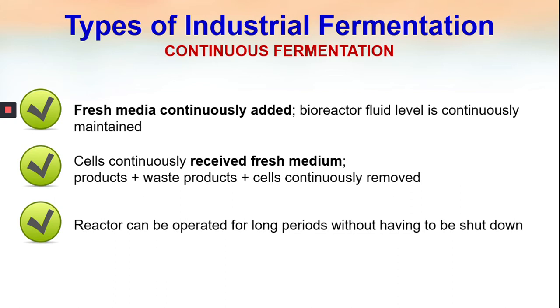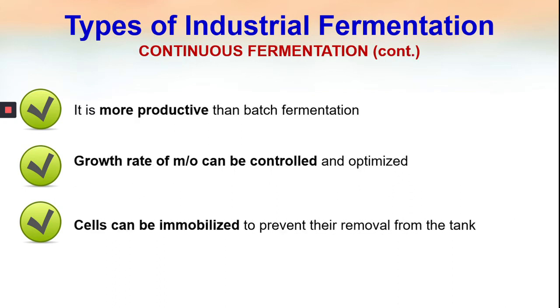Under continuous fermentation, we can prolong the exponential phase, and it is more productive compared to batch fermentation because we can prolong the fermentation as long as we want. In order to prolong the fermentation, we need to continue adding the fresh medium inside the tank.